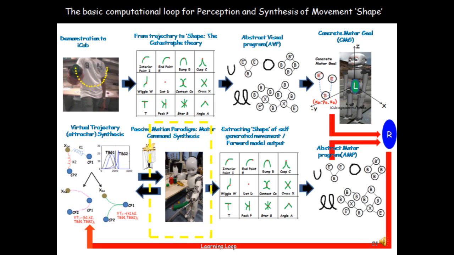Or if you try to pull the fingertips of a puppet, once the fingertip reaches the target, the rest of the body has automatically reconfigured in order to allow that end point to reach that goal. This is the idea behind PMP, or passive motion paradigm.